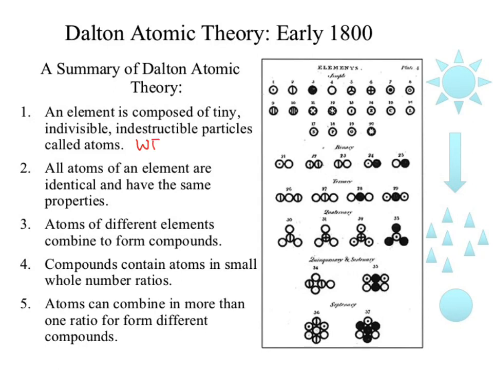Wrong. What part of that is wrong? Indestructible. Not true. All atoms of an element are identical and have the same properties. That one's wrong in kind of a weird system. It's wrong because of all. What do you mean all?